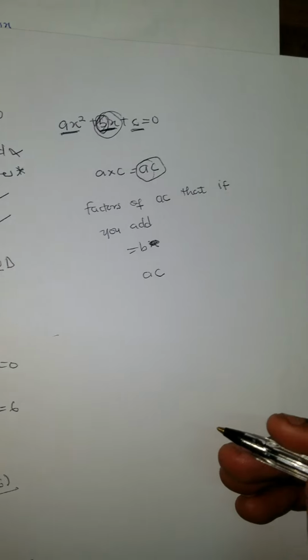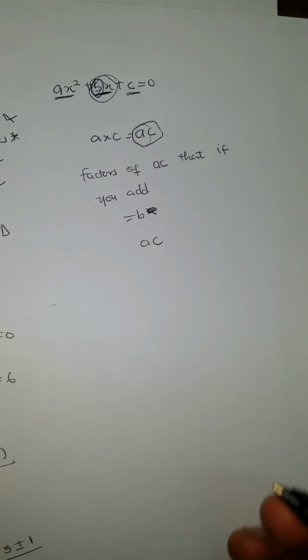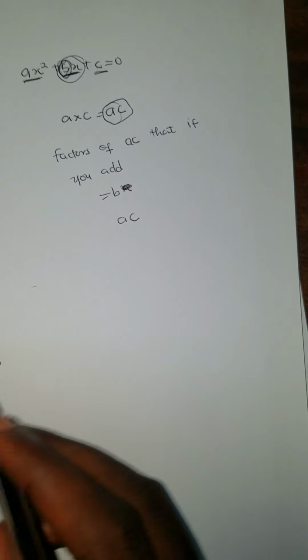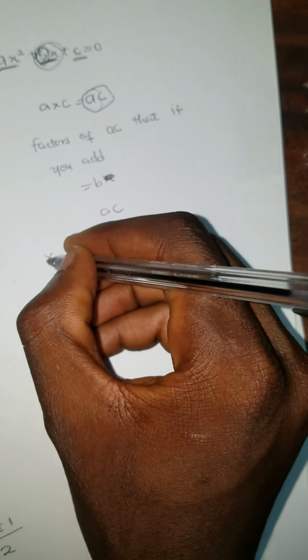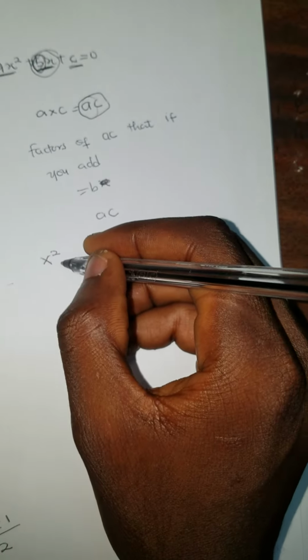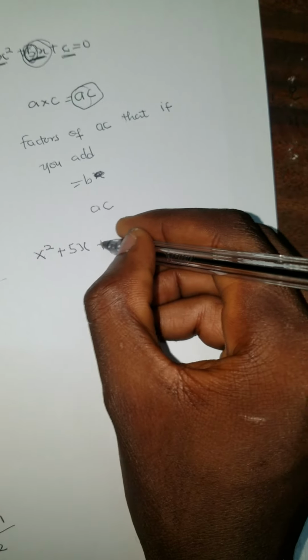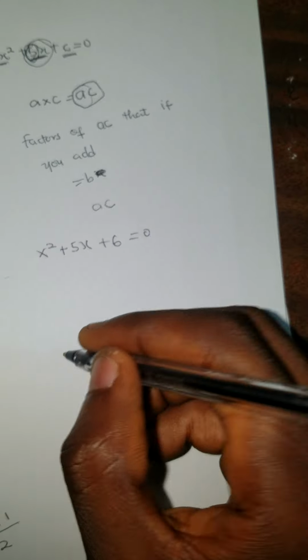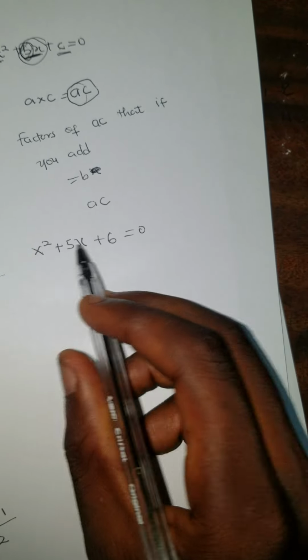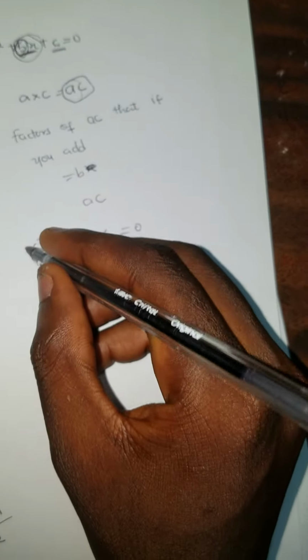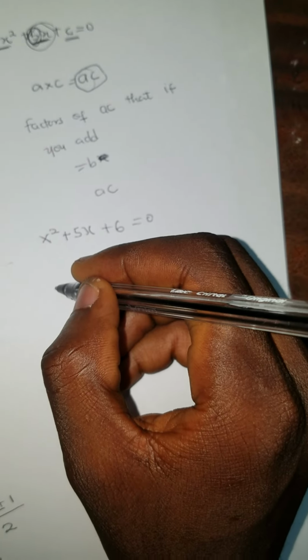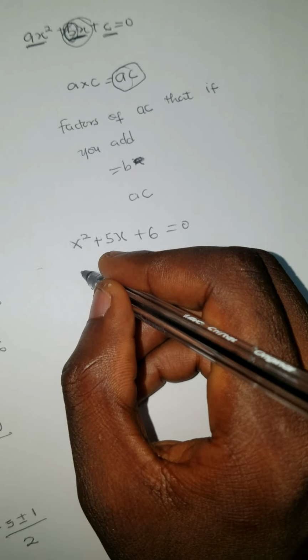But before, let me finish and give you something. Let's use the same example. We have x squared plus 5x plus 6 equal to 0. Now this times this will give you what? The coefficient of x squared is 1.